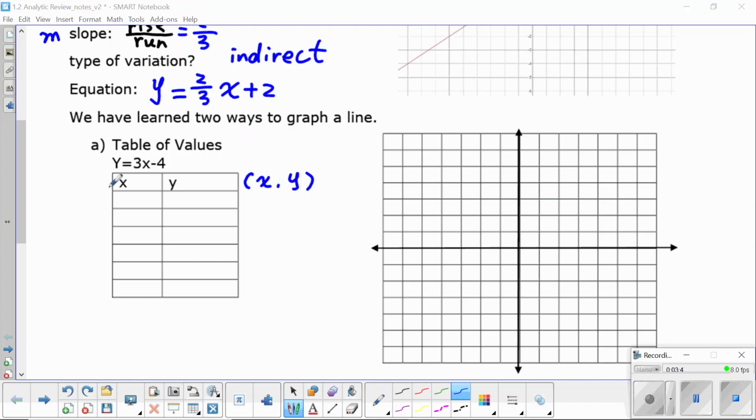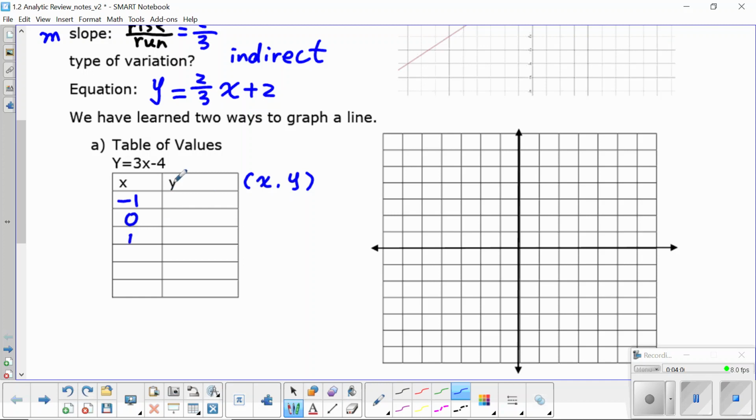For the table of values, we don't want to make the problem too complicated, so we give the x values easier numbers. We may just give -1, 0, 1.